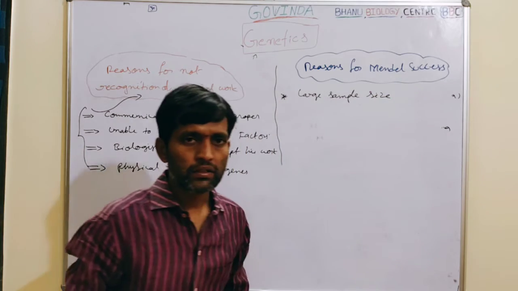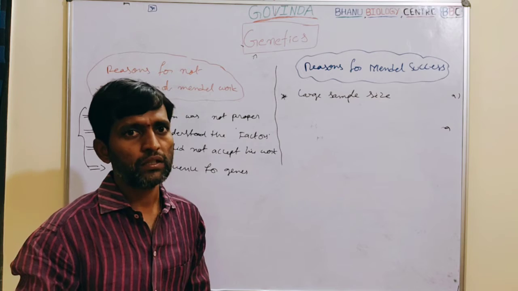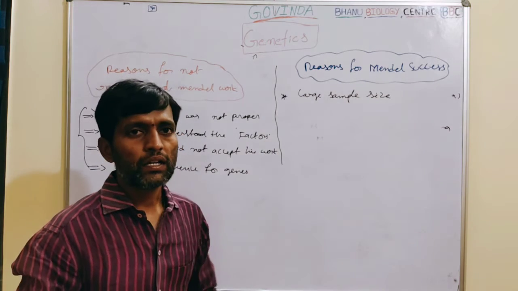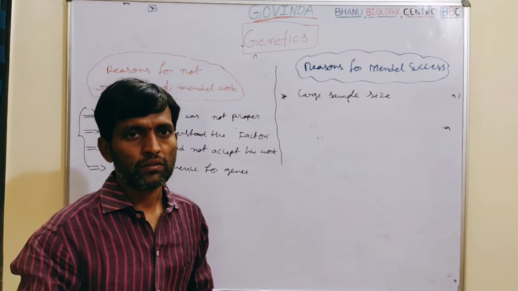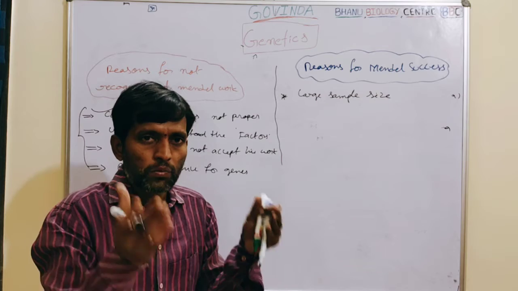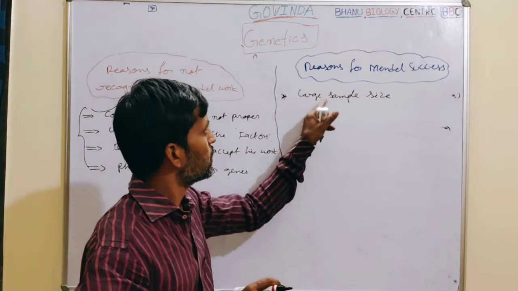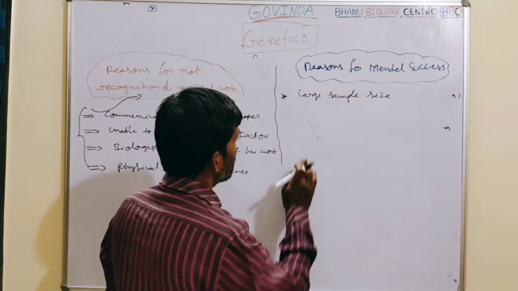When scientists take a large sample size for their experiments, the issues or demerits raised will automatically reduce. So it is one main reason for Mendel's success.